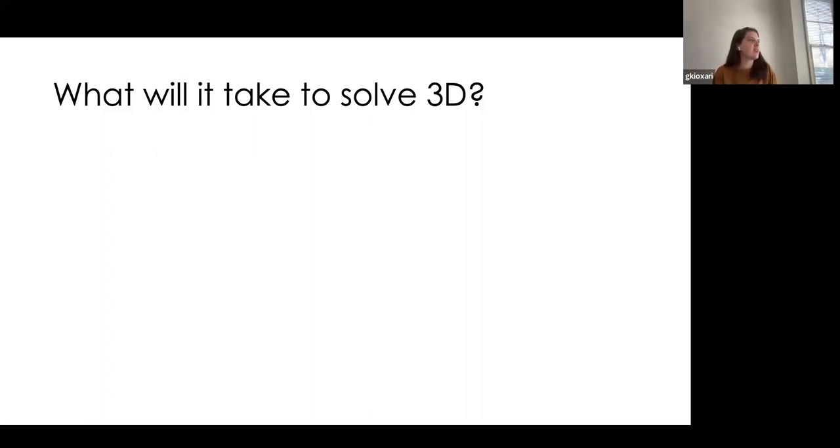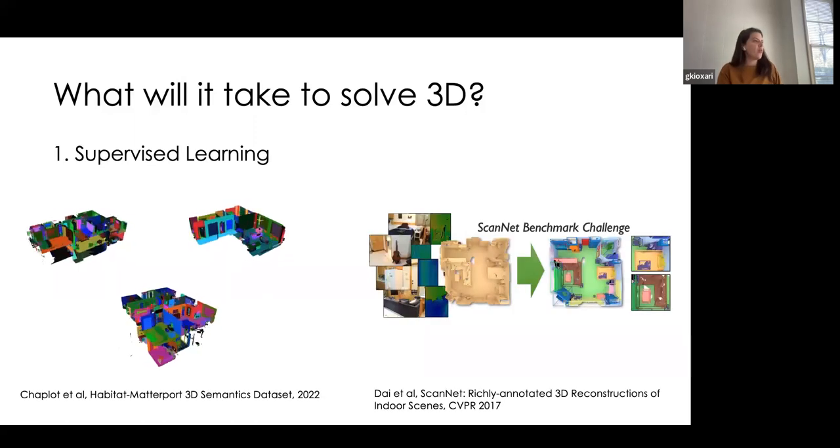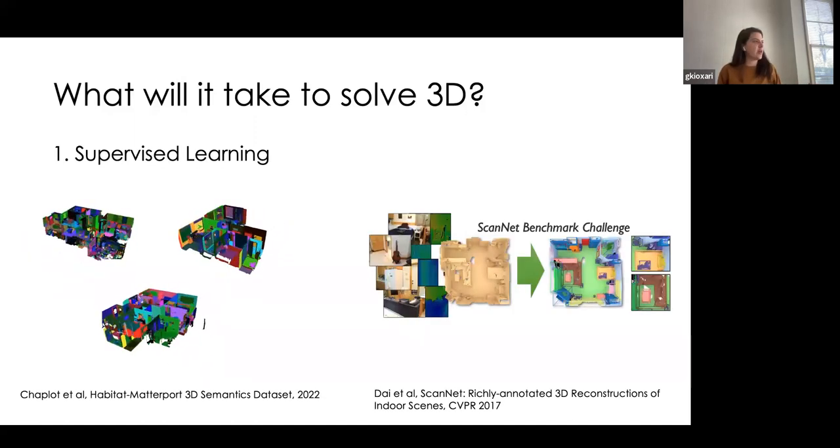Let me give you the bigger picture, about what is overall the right way to go about 3D. If we judge from the past and how computer vision was made successful, one big part of it was supervised learning.